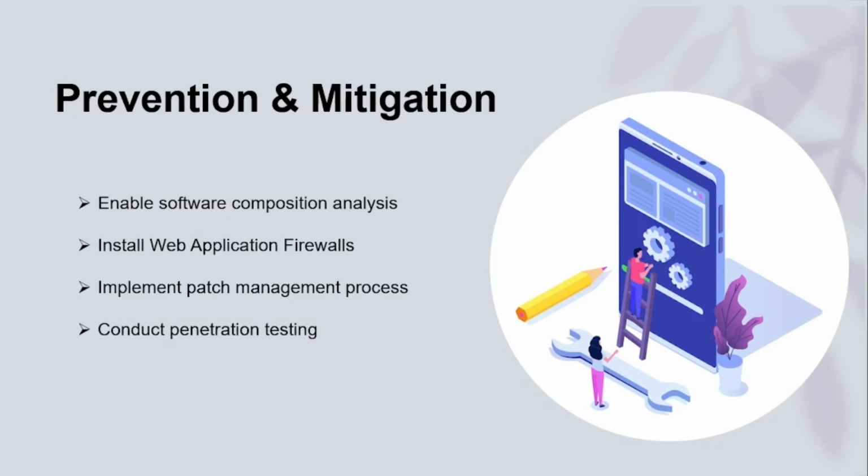Second, install web application firewalls. A web application firewall helps protect websites and web applications by placing a protective shield between the system and the internet that monitors HTTP traffic. Web application firewalls are a crucial security defense against various attacks including SQL injection, remote file inclusion, and cross-site scripting.